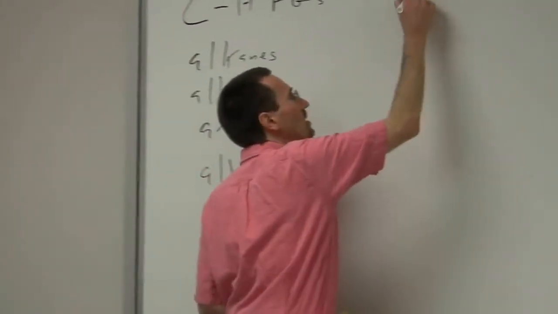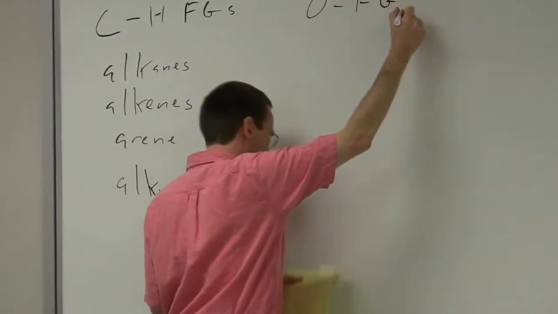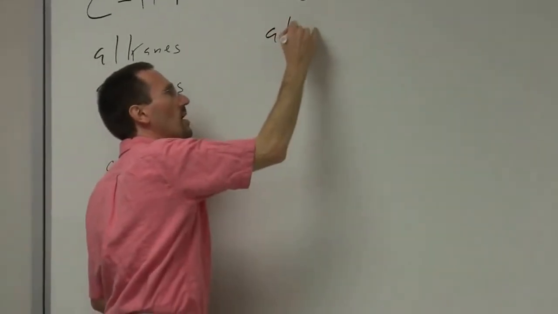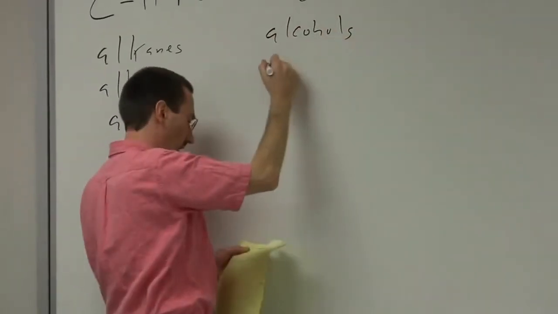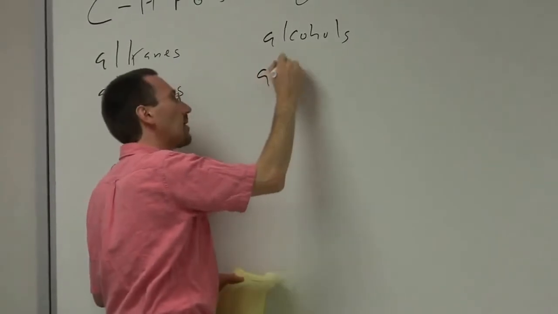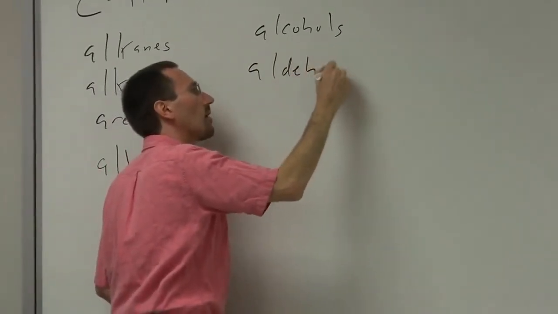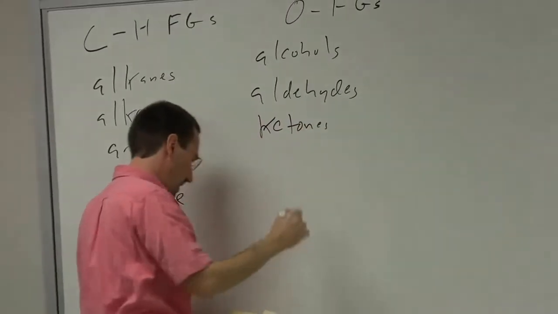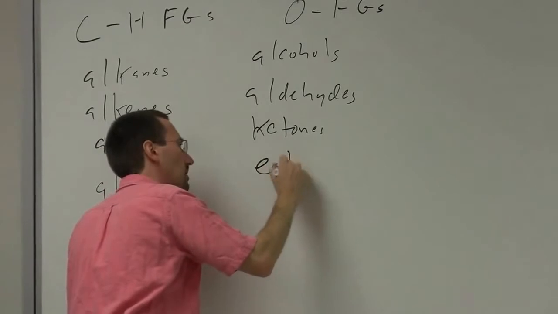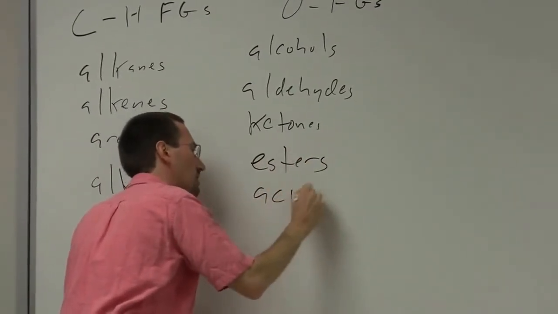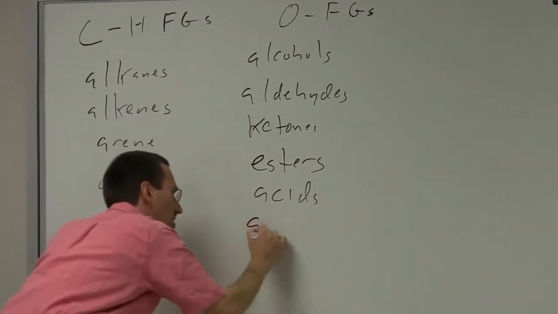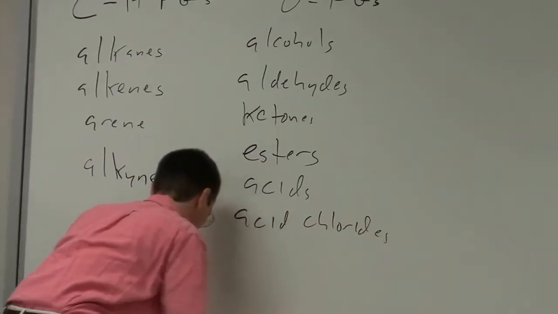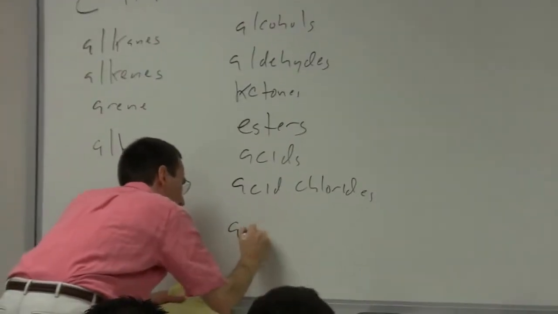I'll want to talk today about oxygen-containing functional groups, and we'll go through alcohols, aldehydes, ketones, esters, acids, carboxylic acids, of course, acid chlorides, and let's say acid anhydrides.